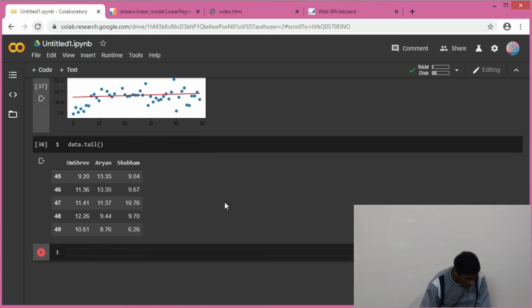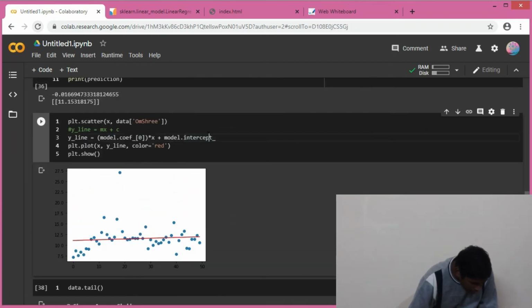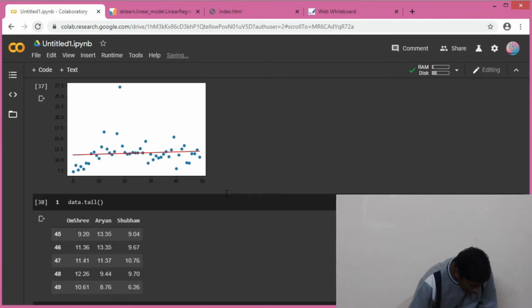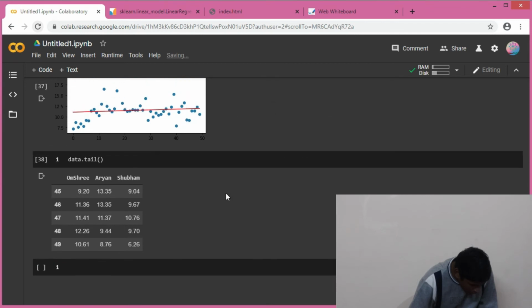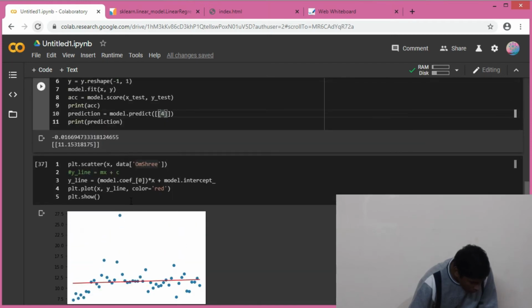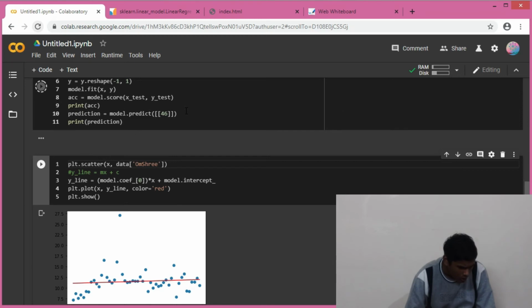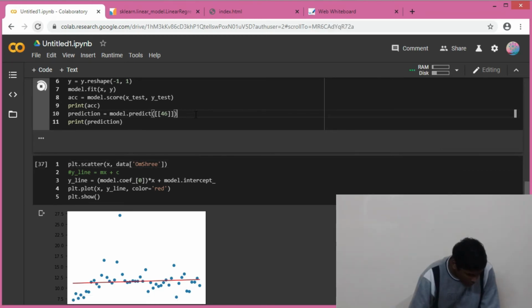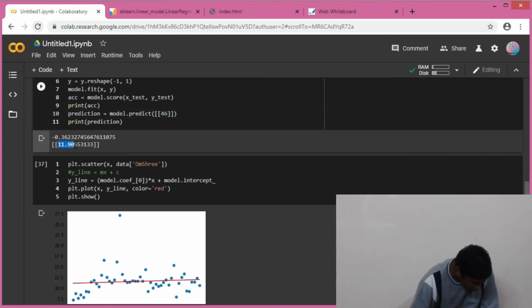Okay, so back in here I can just predict, let's say, which one should I predict? Let's predict the 46th model. We have it right here, right? That's why I was actually even checking it for mine. For the 46th model, it says that it is at 11 point something.